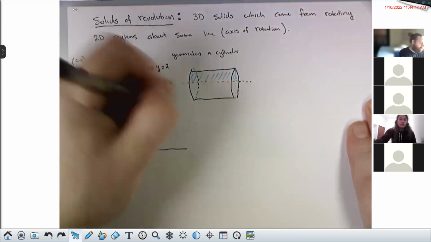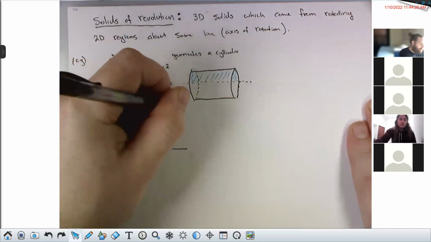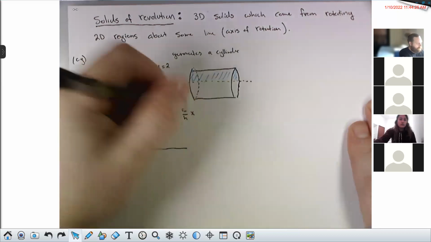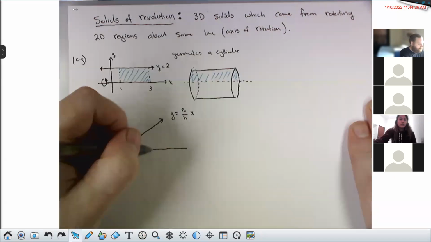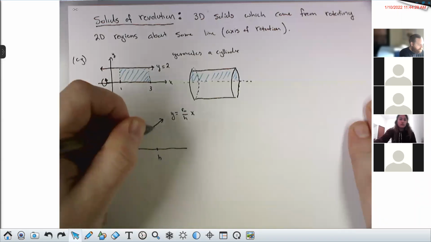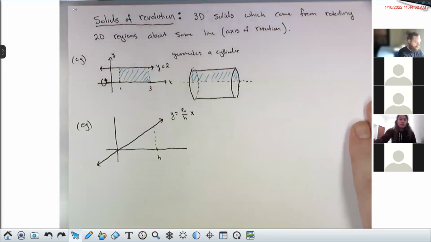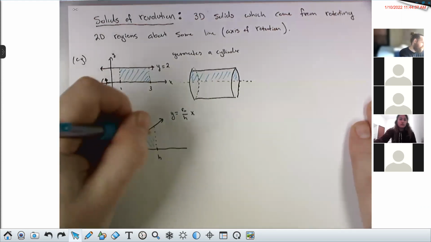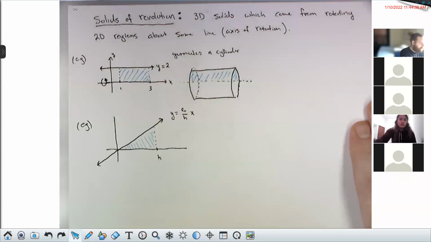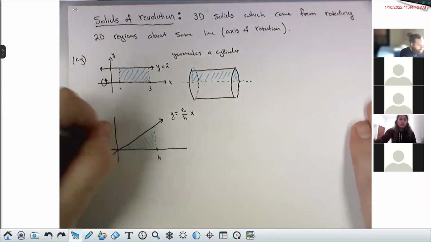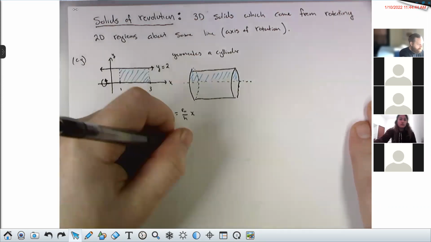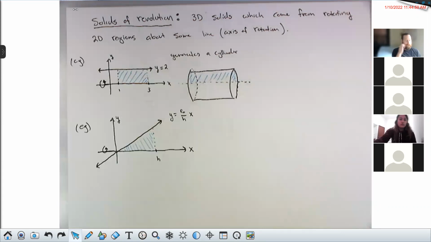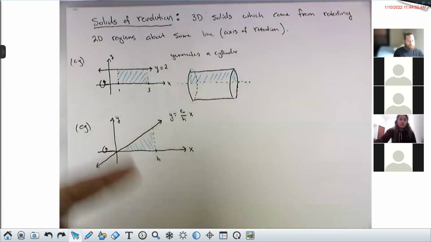If you take this line, which is y equals r naught over h times x, and you look at it from 0 to h, then rotate this around the x-axis. Again, think about this guy rotating.